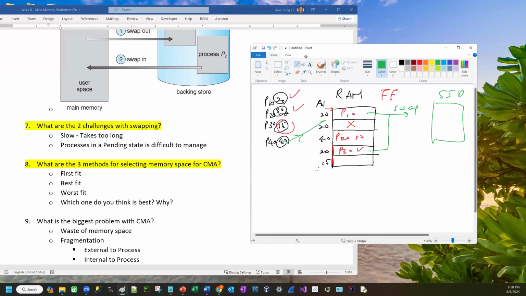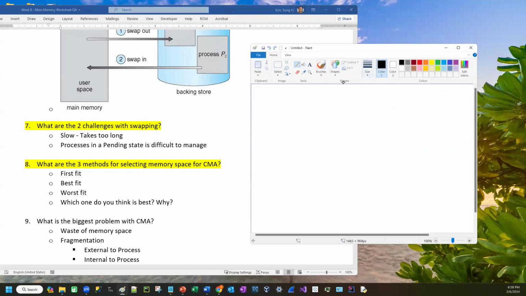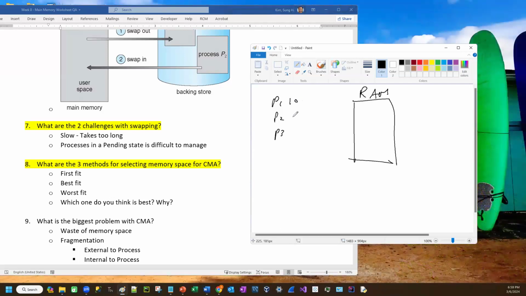Now, the best fit, so let's do another one here. So the best fit, so here are the processes, P1, P2, P3, and I have the RAM here, right? And so let's say this is 10, 20, maybe 15, P4, 30 here.